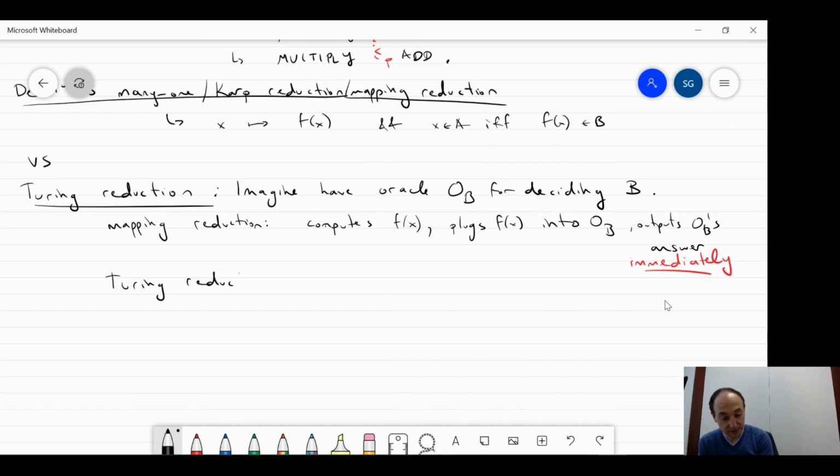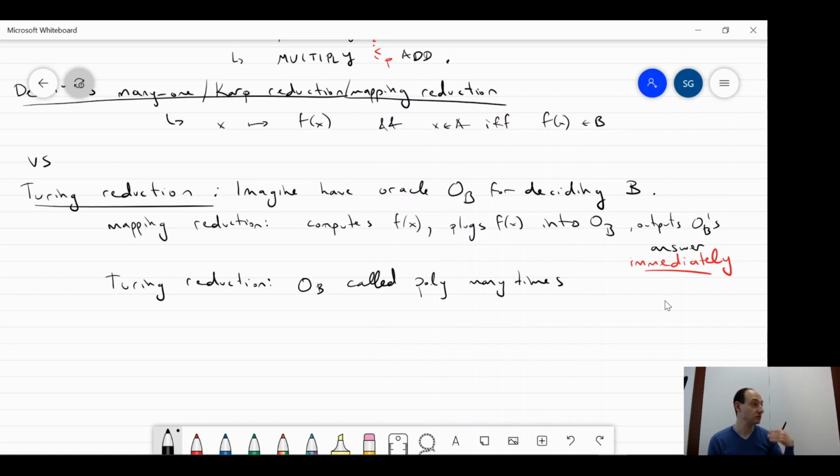So here's the very rough definition. I'm not going to define it formally because we won't focus on it too much. The main idea is that OB can be called poly many times, and potentially adaptively.